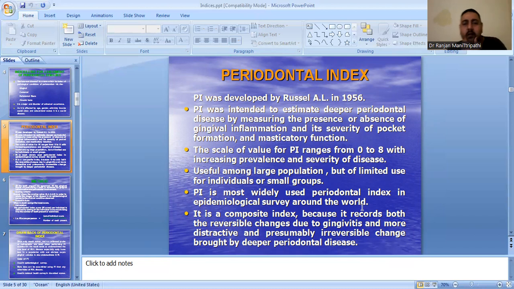It is useful among large populations but of limited use for individuals or small groups. PI is the most widely used periodontal index in epidemiological surveys around the world. It is a composite index. Why composite? Because it records both the reversible changes due to gingivitis and more destructive and presumably irreversible damage brought by deeper periodontal disease.